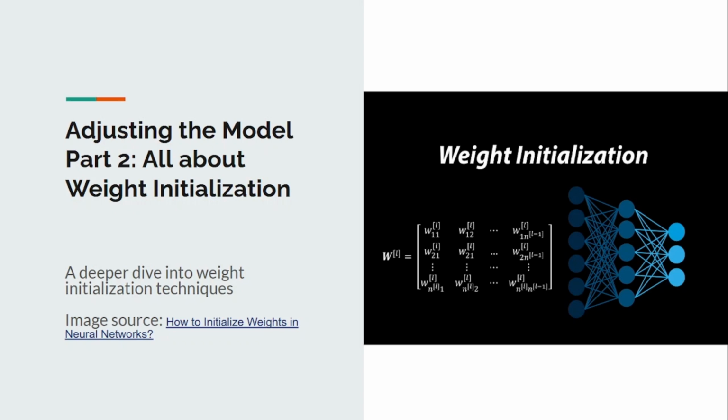Key initialization is a method that ensures that weights are set in a way that maintains a proper variance throughout the layers of the network. This prevents gradients from vanishing or exploding as they move backward through the layers during training.